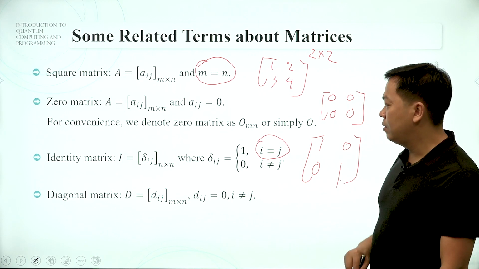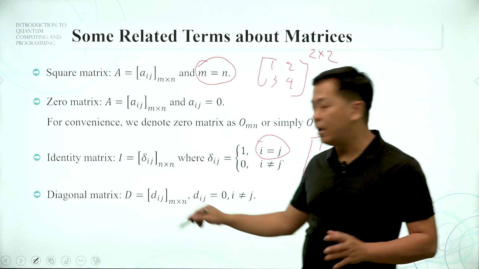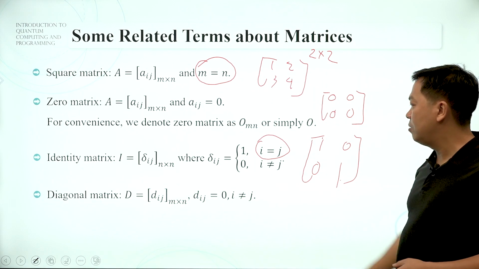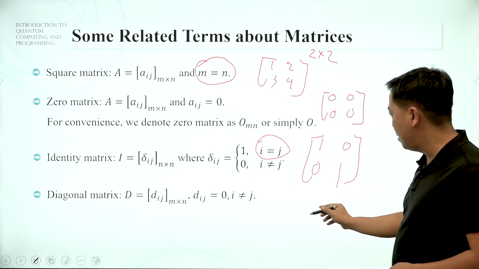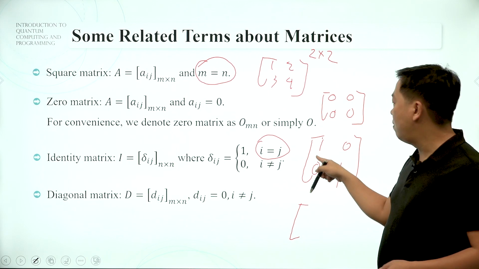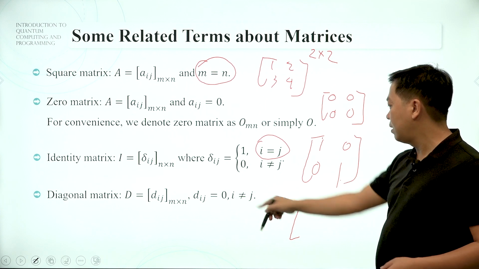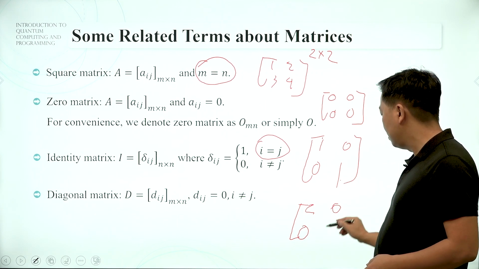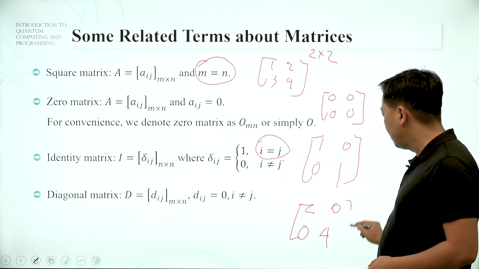What about the diagonal matrix? It is different. Here the value can be 1, but it can also be 2, 4, something like that.